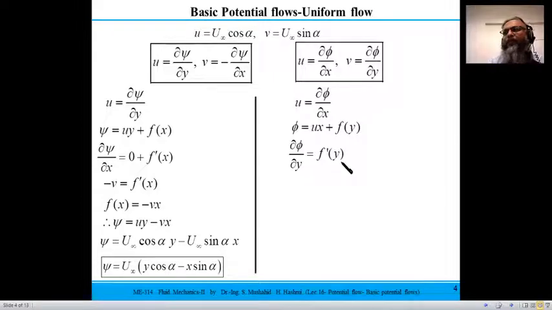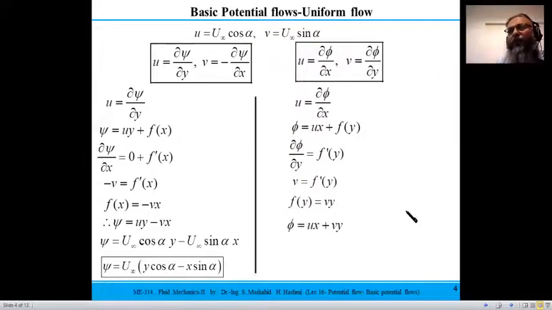That gives dou phi over dou y, which is equal to the v component of the velocity. So the first derivative of f of y is v, and the function of y would be v times y after integration. You then substitute f of y back into the expression.